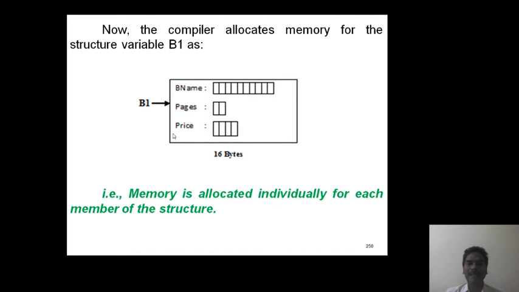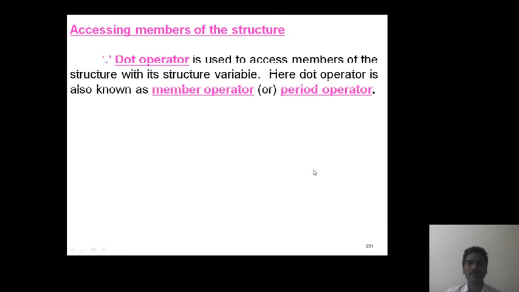Now, how to access these members with the structure variable? For this, the dot operator is used to access members of the structure with its structure variable. Here the dot operator is also known as the member operator or period operator.